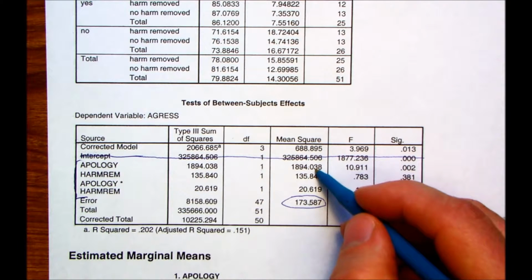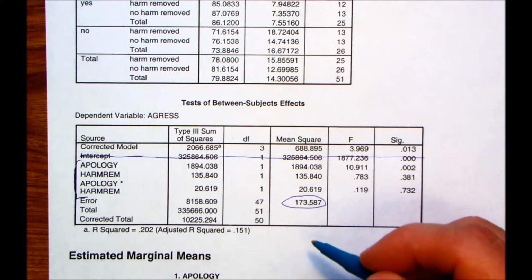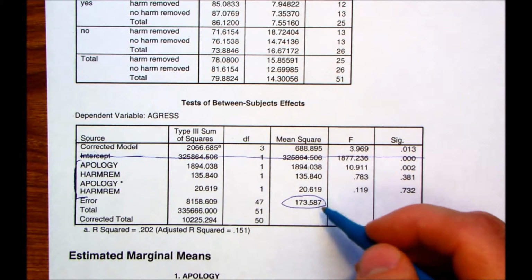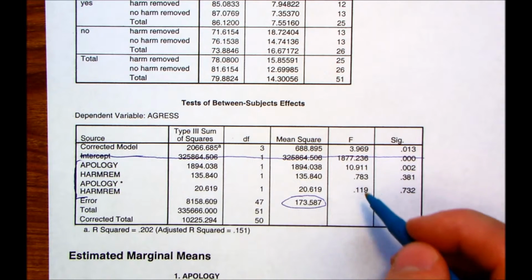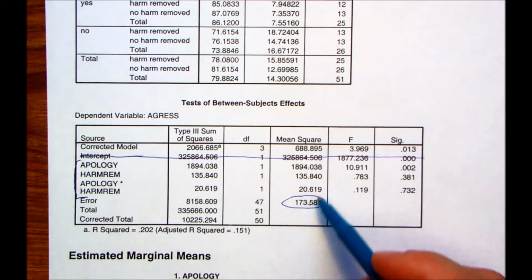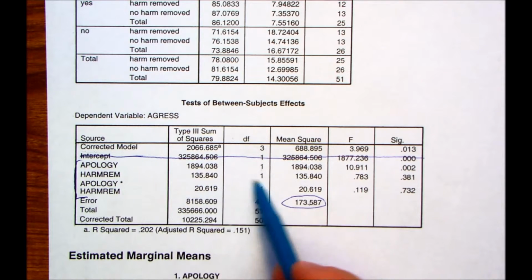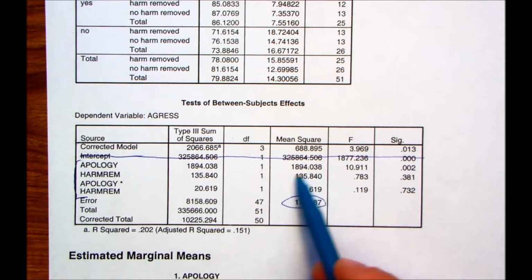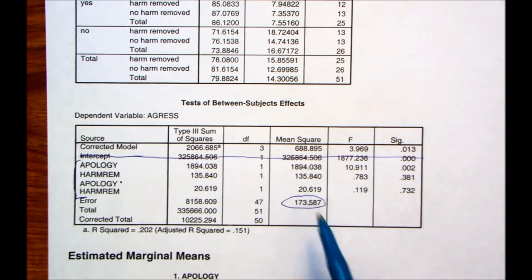So 1,894 divided by 173.5 would give you 10.911. And you'll notice that's the same here for the harm removal condition. We've got a much lower mean square here for the harm removal. And then for the interaction between the two, it's very low there for the interaction as well.